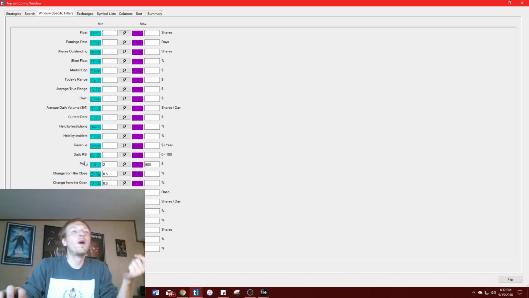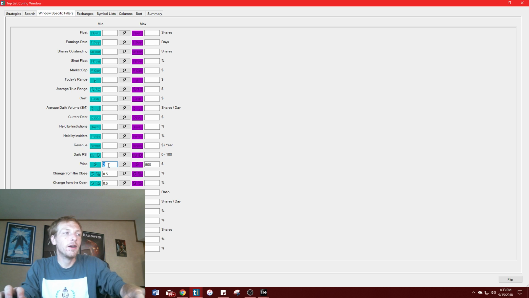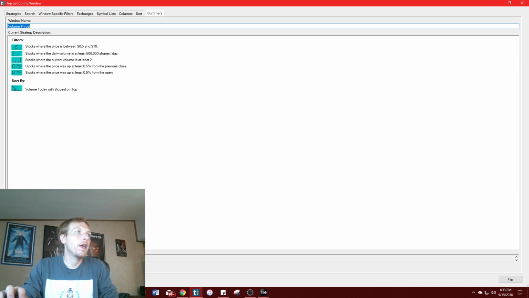So let's say I don't want to scan for stocks from $2 to $500. I want to scan for stocks from, let's say, 50 cents to $10. I can simply input that in here, so 0.50, and I'll tab over and I'll put 10, and then I'll click OK, and then it will have a rundown here, which is a summary of everything that you have set up.